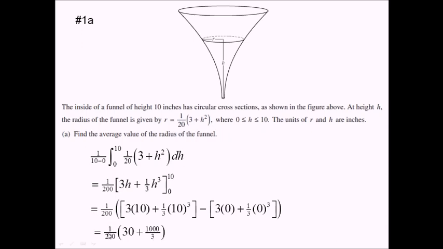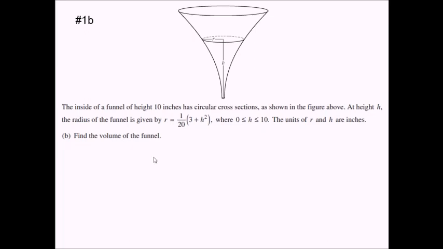Multiply by 1 over 200, that's 1,090 over, let's see, 600. And then if we want, we could just take off a 0 from each side to reduce that. So 109 over 60, and I don't think that goes down anymore. Put inches on the end because that's what they told us the radius units were, and the average units are the same as the regular units. And now we're as done as we can be on this.